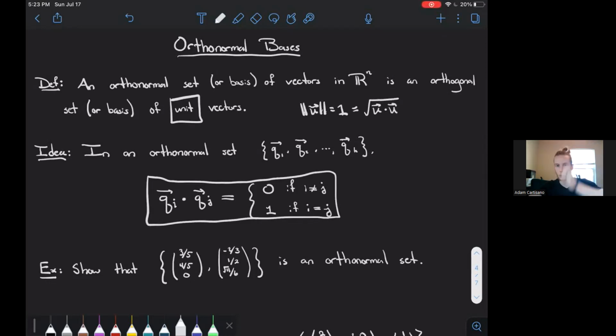But if the norm is equal to 1, then the dot product itself is equal to 1, right? Square both sides of this equation.